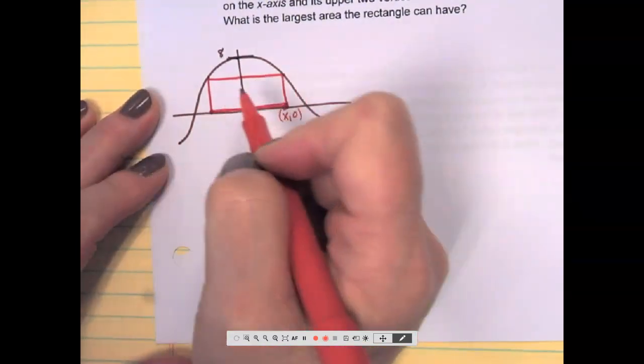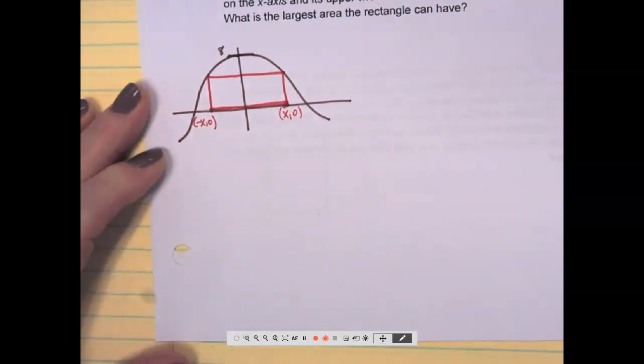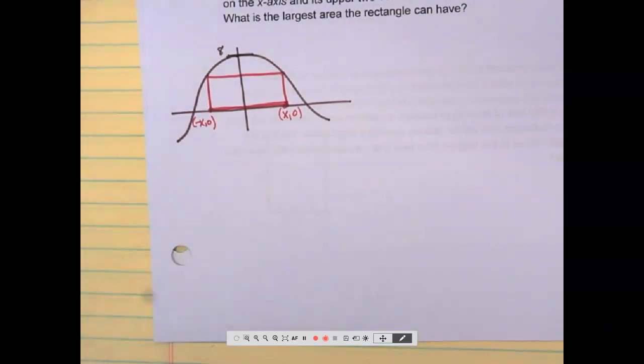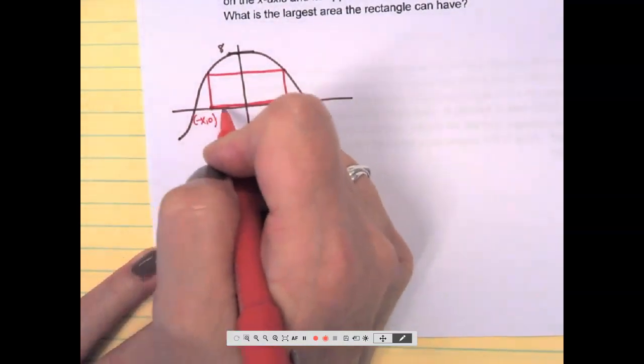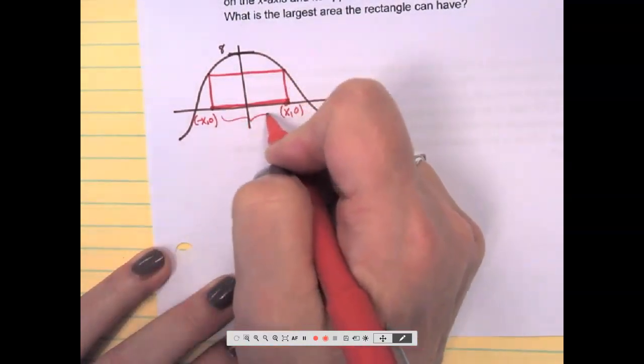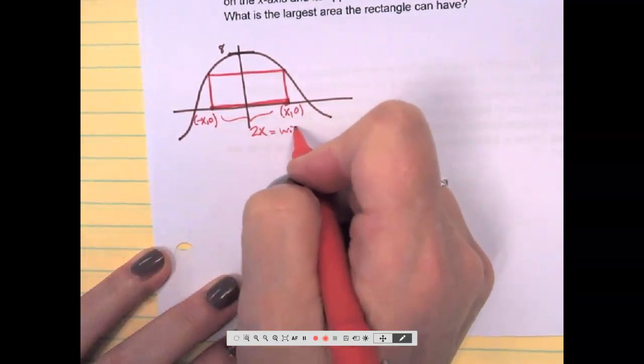Then what is this ordered pair? Okay. All right, so how wide is that base? 2x. You've got x over here, you've got x over here. 2x is what we'll call the width.